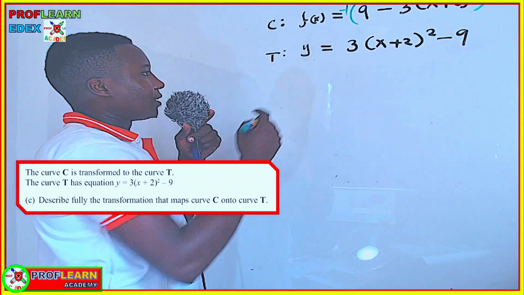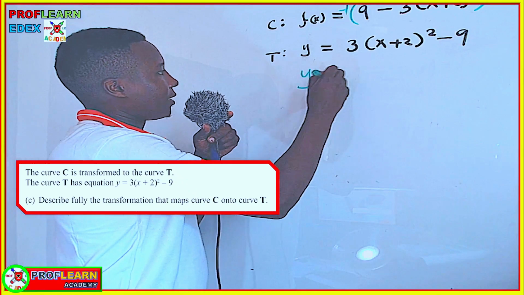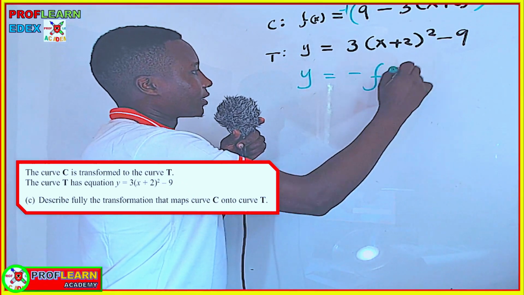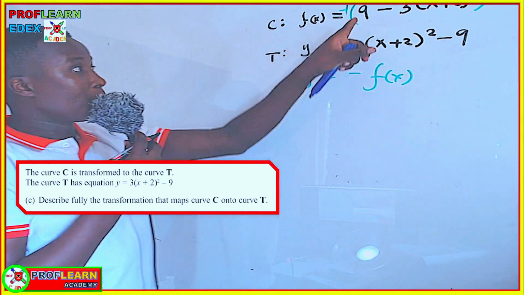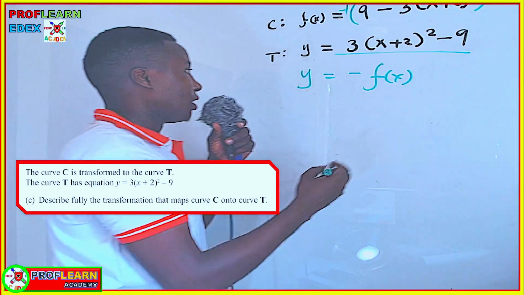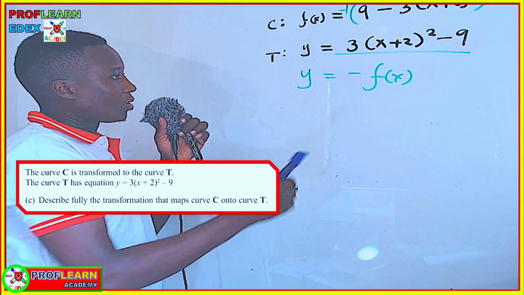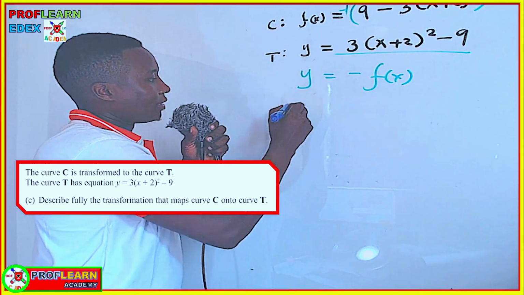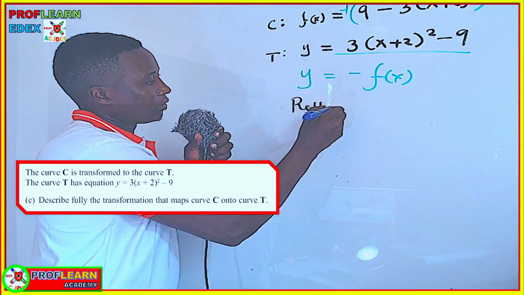So it can be seen that this is like y equals negative f of x. This one has been multiplied by -1 in order to make it to be this. So we can say this change is a reflection.